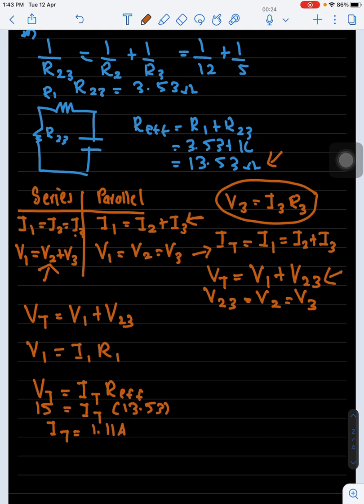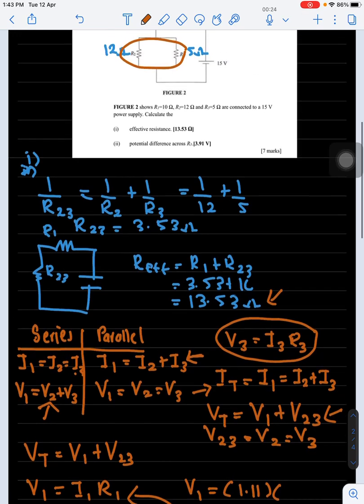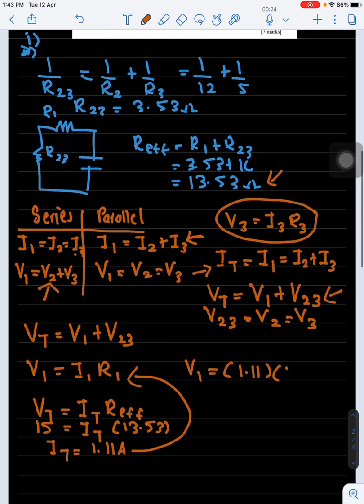After finding I total, you can find the value of V1. So V1 equals I total, or I1, 1.11, times R1, which is 10 ohm. So V1 equals 11.09 volt. After finding V1, you can find V23.